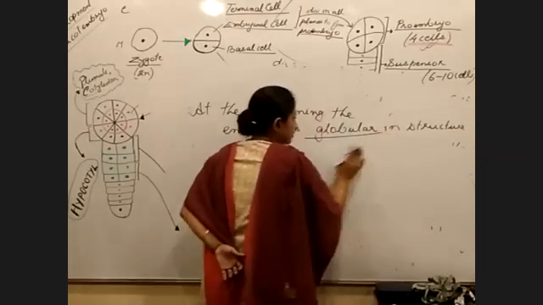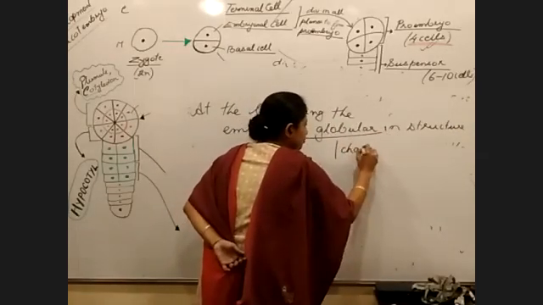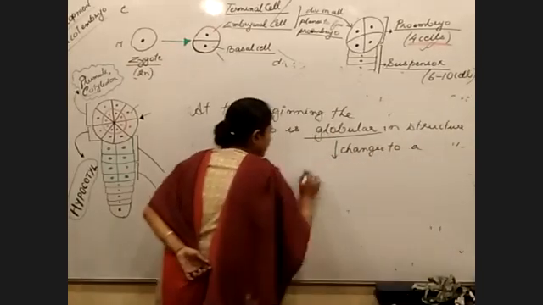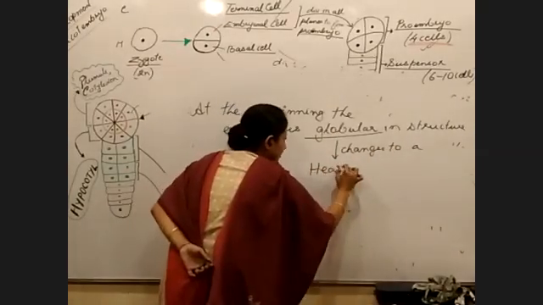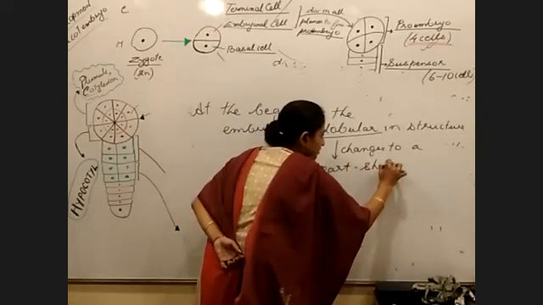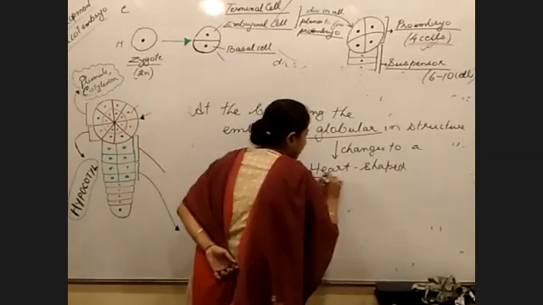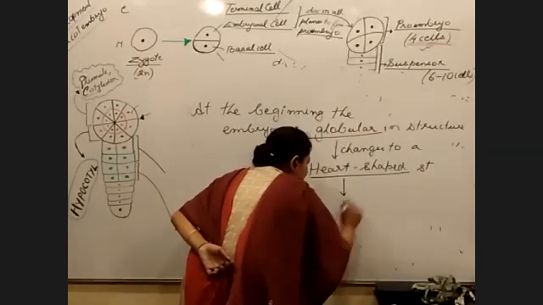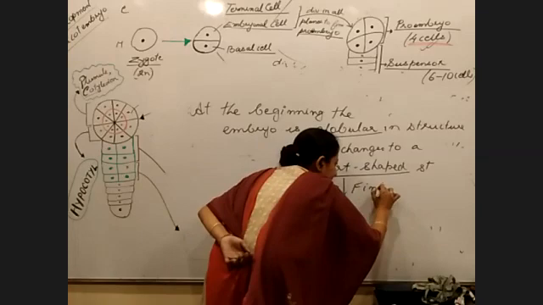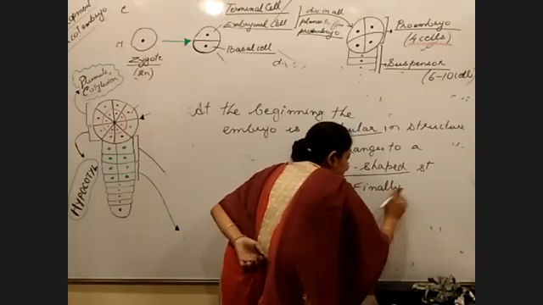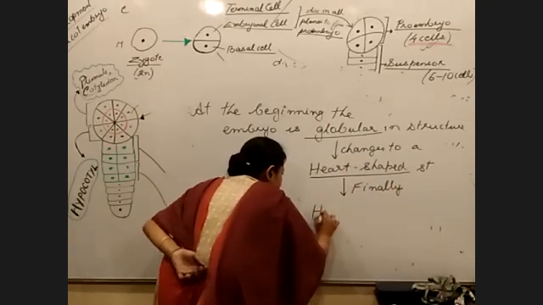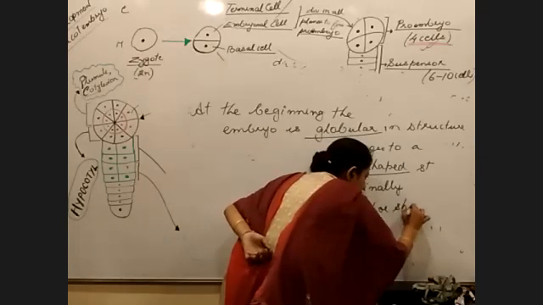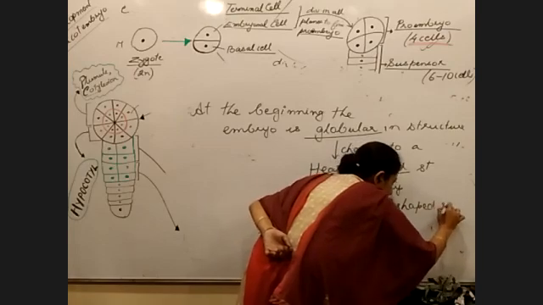This globular structure changes to a heart-shaped structure, and this heart-shaped structure finally becomes a horseshoe-shaped structure.